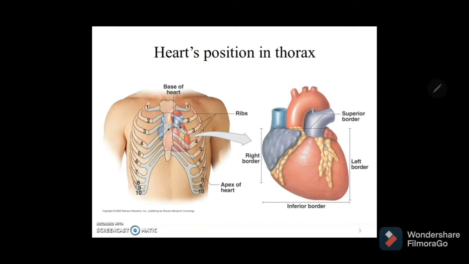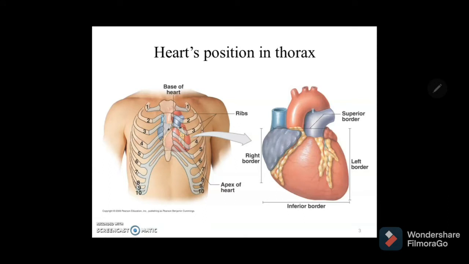So all of you know the heart is a hollow conical muscular organ located in the middle mediastinum. It has 4 chambers: right and left atrium, right and left ventricles. When you observe here, the right atrium is a roughly quadrilateral chamber present above and right of the right ventricle.